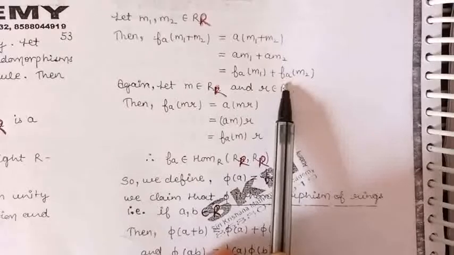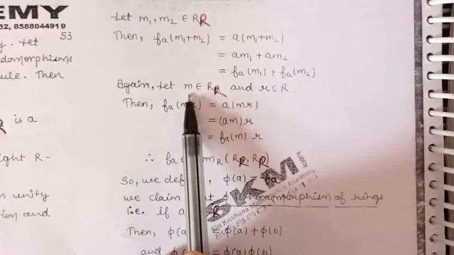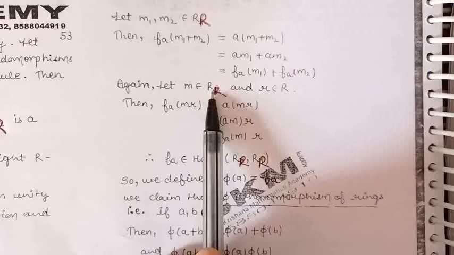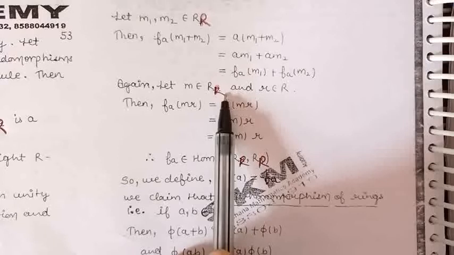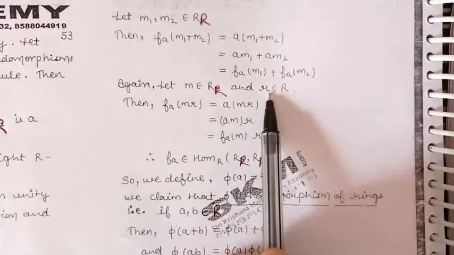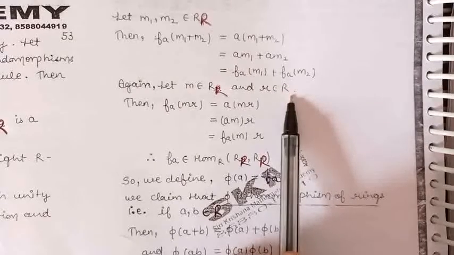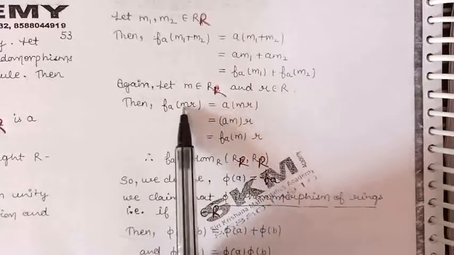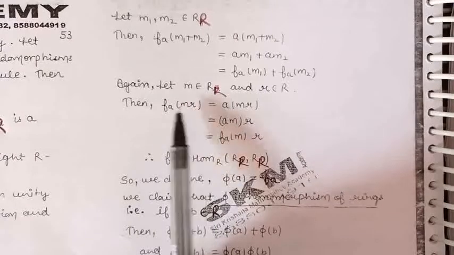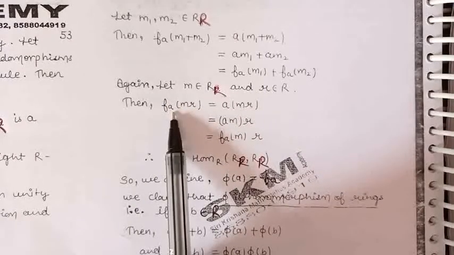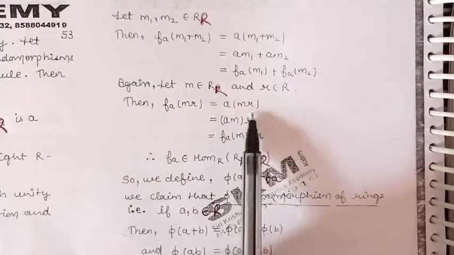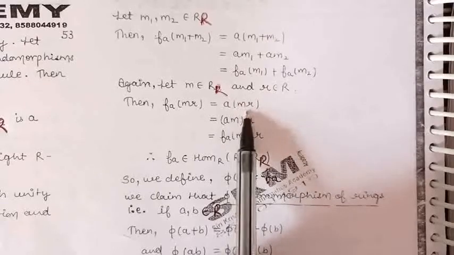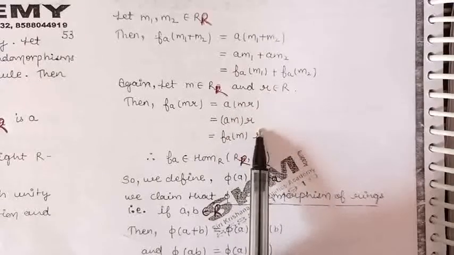In the second condition, let us take an element m belonging to R. Here this symbol R is just to show that R is a right R module. And let us take an element r that is also from the ring R. Let us find the image of m r under the mapping f_a. Again, by definition of this mapping f_a, this is given by a into m r, and this can further be written as (a m) into r.